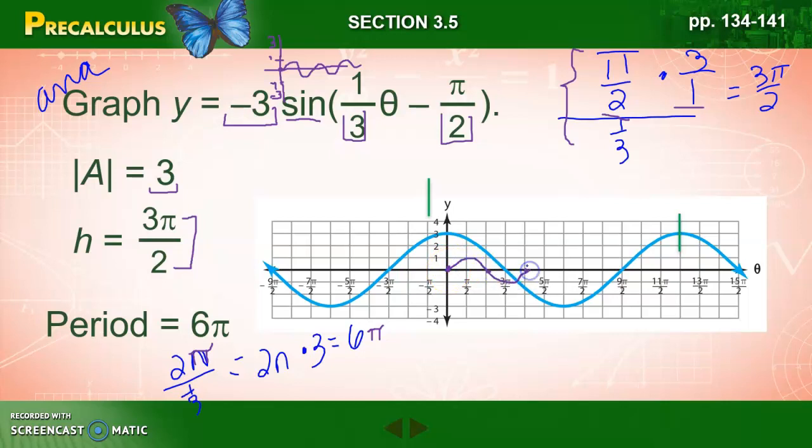All right, so the purple line represents just that first part of the original sine function, and the blue line represents all the changes that we have made to it. We've got an amplitude of 3. We have a horizontal shift of 3 pi over 2. Notice instead of starting right here at 0, we're starting at 3 pi over 2. And our period repeats every 6 pi.